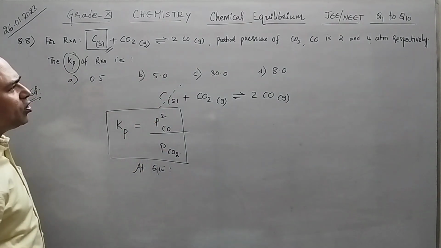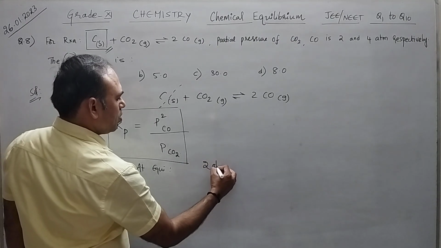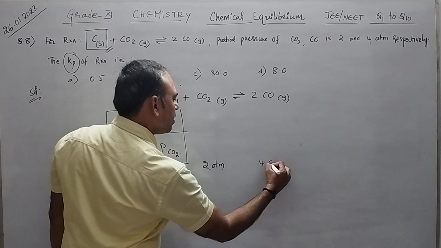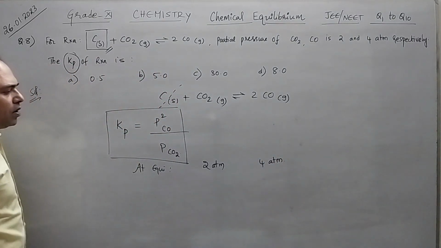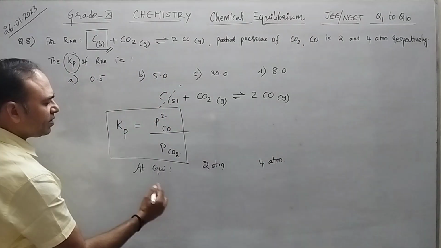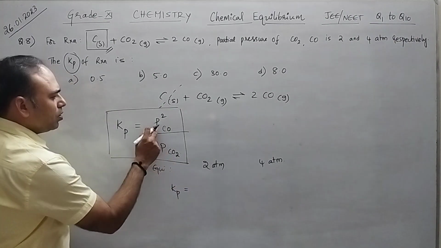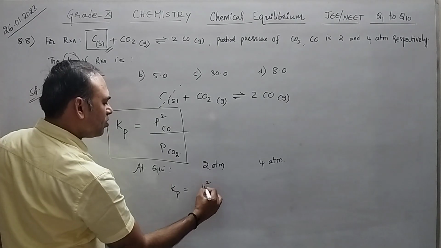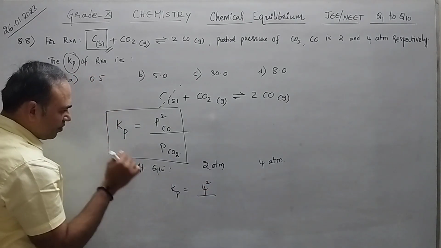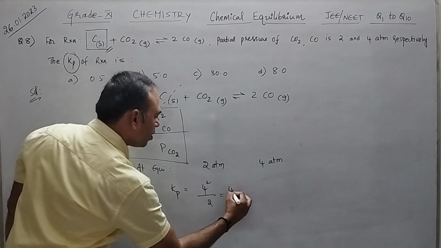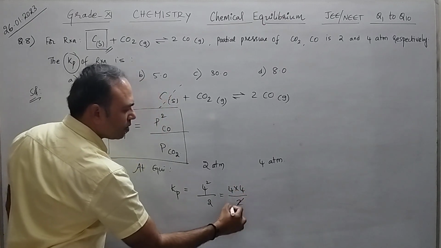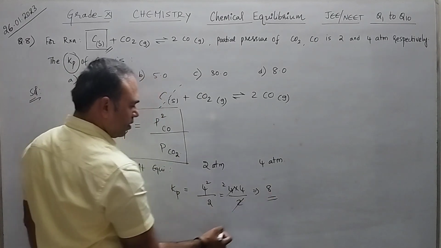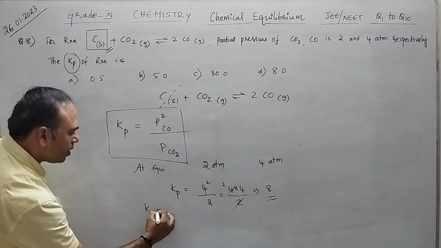CO2 is given as 2 atmosphere, and CO is given as 4 atmosphere. Substitute the value and find out what Kp is. So for CO, they have given 4 and square, hence 4 square, divided by P of CO2 which is 2, nothing but 4 into 4 by 2, cancel this, hence we get the answer 8. So Kp is 8.